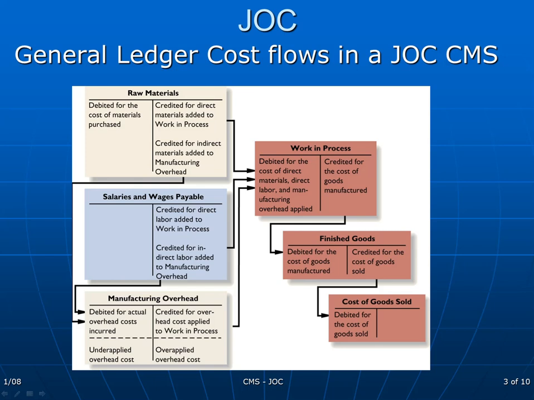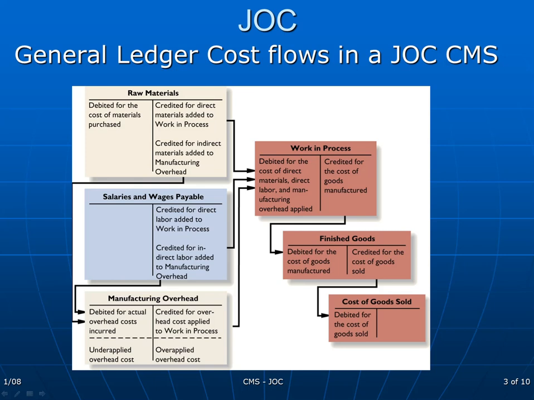In our manufacturing overhead account, when we actually incur manufacturing overhead costs, we debit that account. So for example, we receive a utility bill for our manufacturing facility. What do we do with that cost?